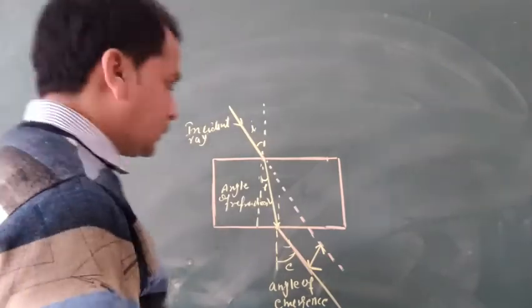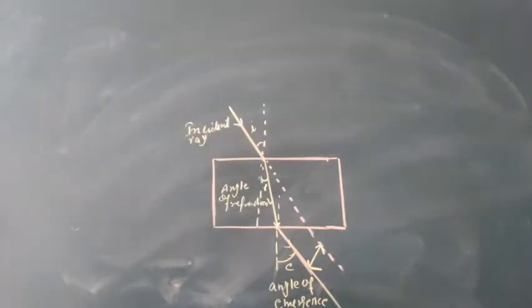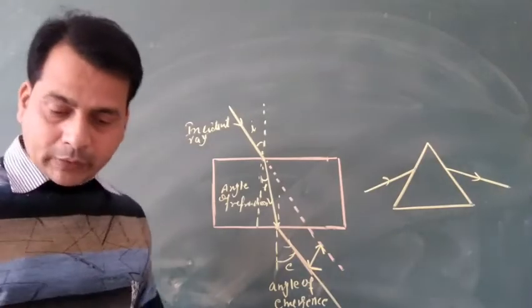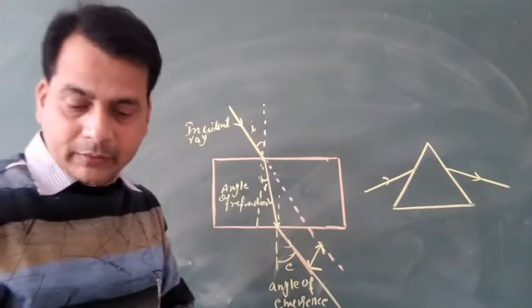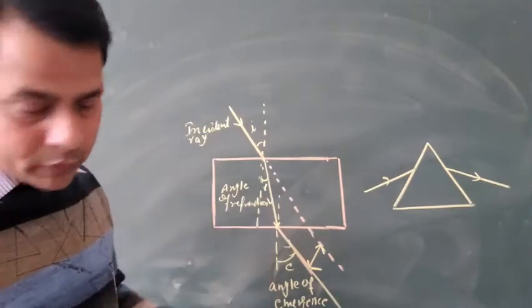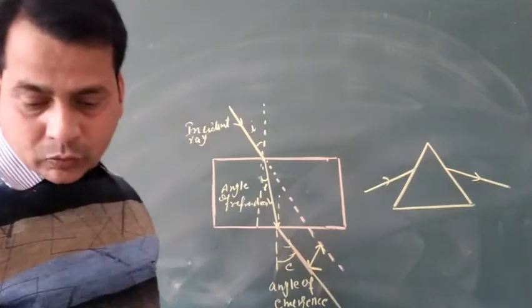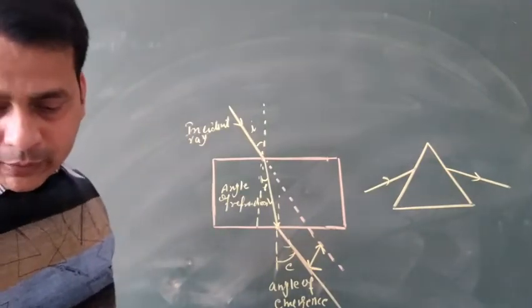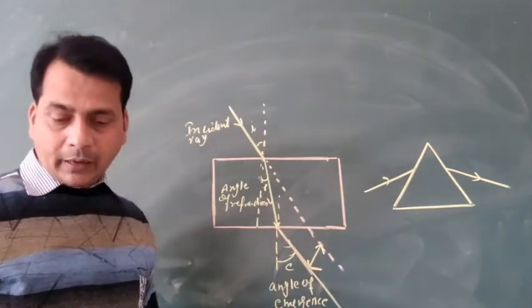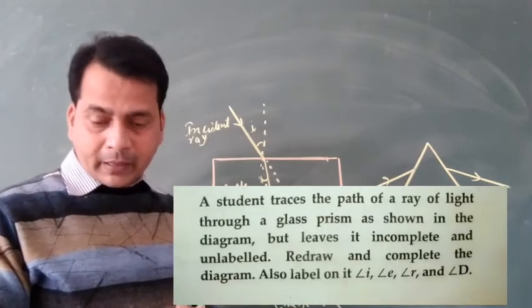Now the next part of this question: a student traces the path of a ray of light through a glass prism as shown in the diagram, but leaves it incomplete and unlabeled.